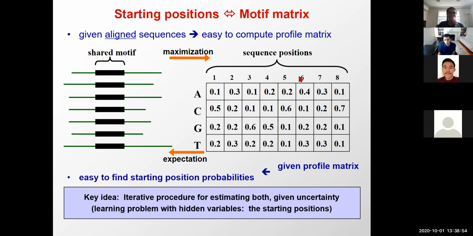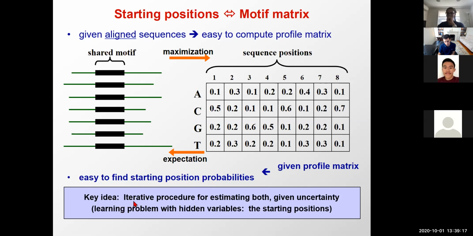So that would be one way of searching through to find the motif. You just simply count each of those positions, and then you just add them up. But if I have the matrix, I can just simply scan and look for those systematically. So the key idea is, if I have the positions, I can find the matrix, and if I have the matrix, I can find the positions.